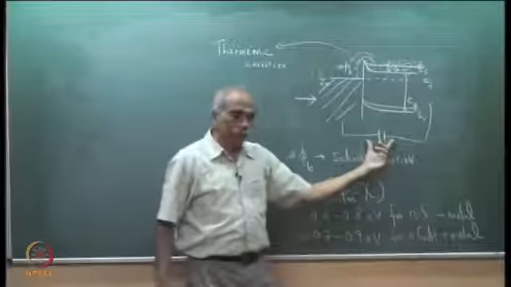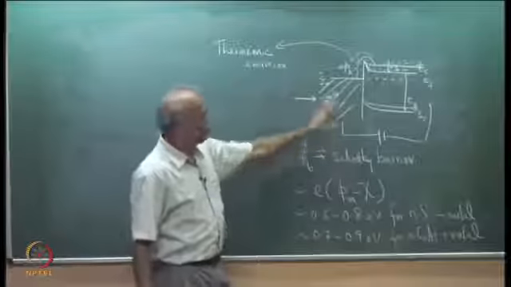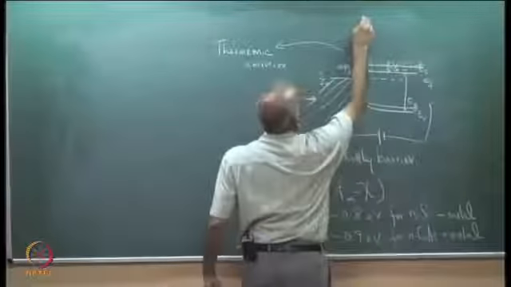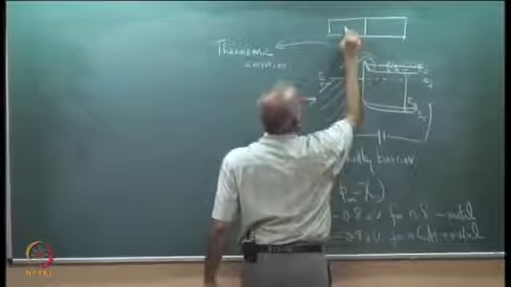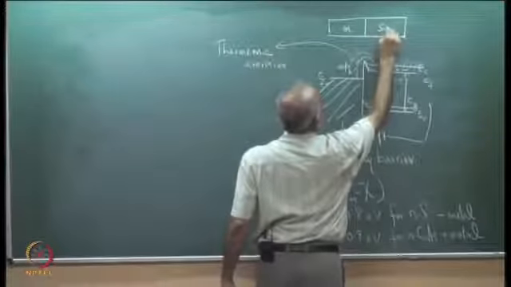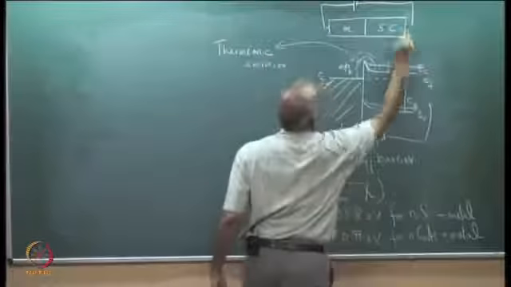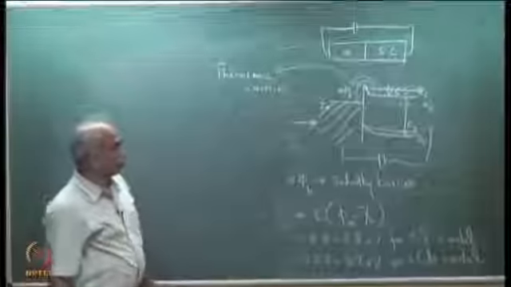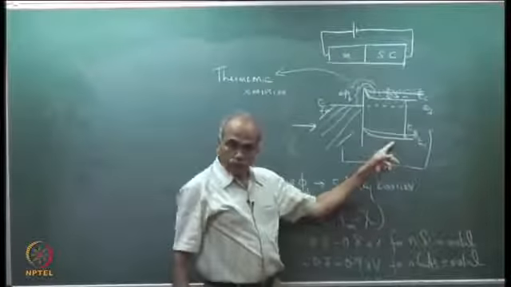So if you forward bias this junction, current will flow through this junction. This is a metal semiconductor. So what we have in the conventional picture is this. This is the metal and this is the semiconductor, and we have forward biased. There are very few holes here.